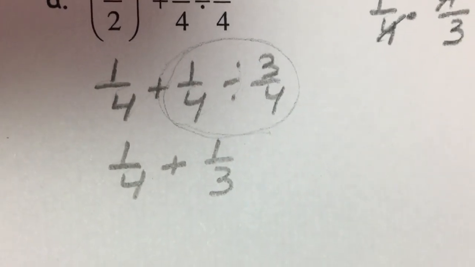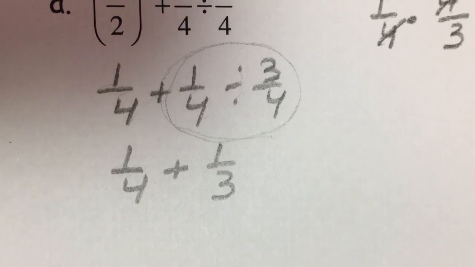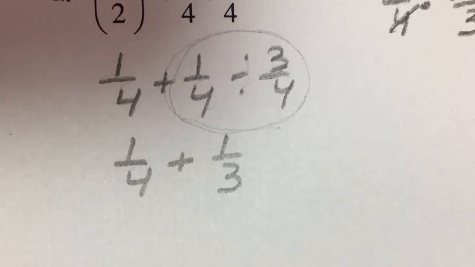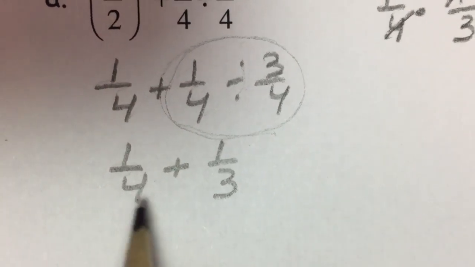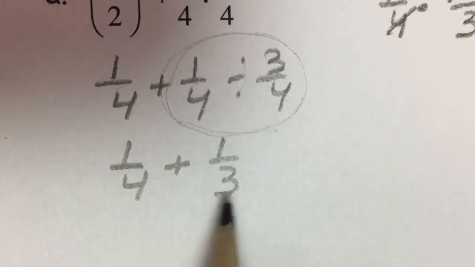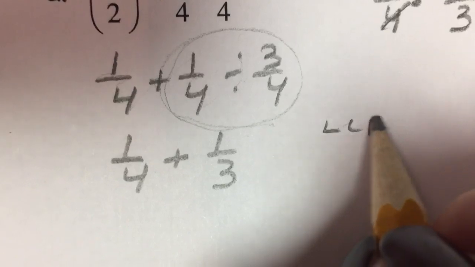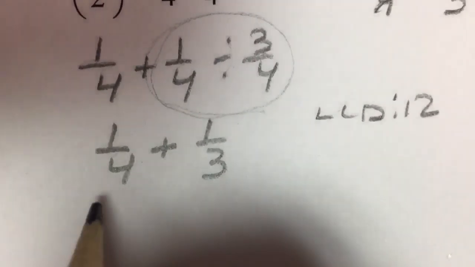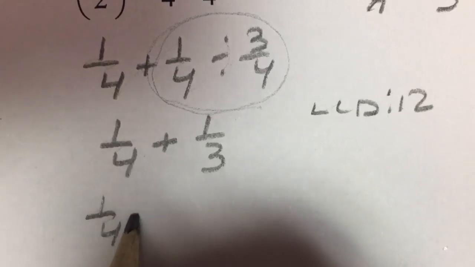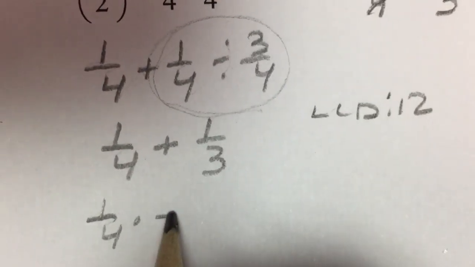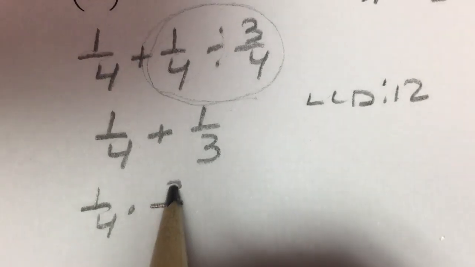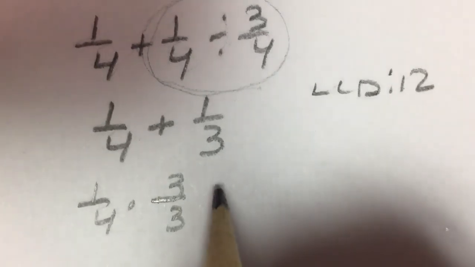So now I have an addition problem, so I'm going to have to find a common denominator because it's addition. The smallest number that 4 and 3 divide into evenly would be 12. So let's rewrite the first fraction. What do I have to multiply the bottom by that's going to get me a 12? Well, that's going to be a 3, so I have to multiply top and bottom by 3.